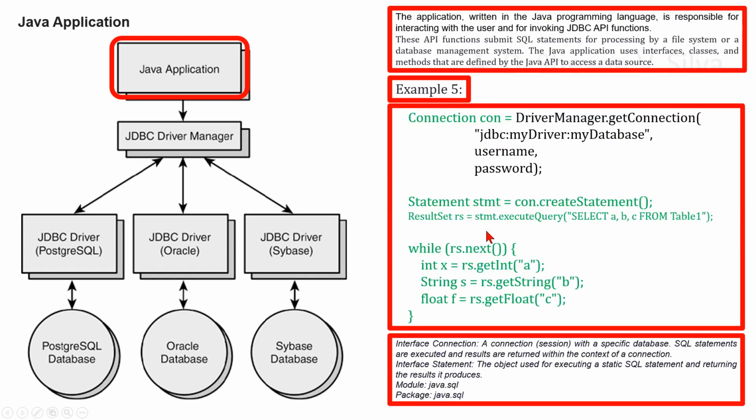As an example 5, we can consider this code segment. Here you can see an interface connection, a connection session with a specific database. SQL statements are executed and results are returned within the context of a connection.